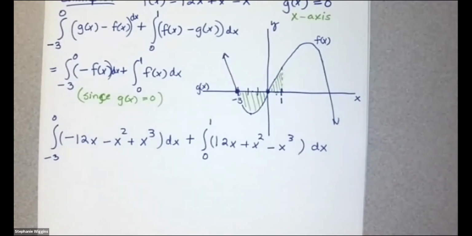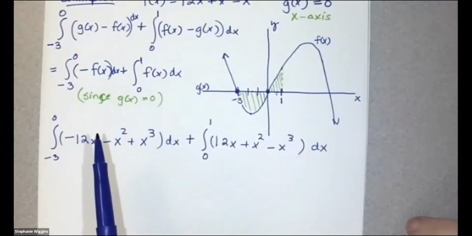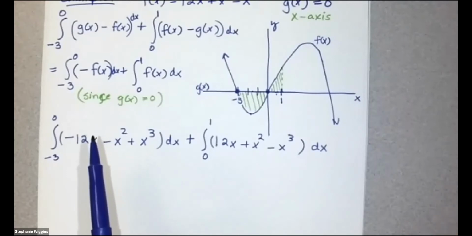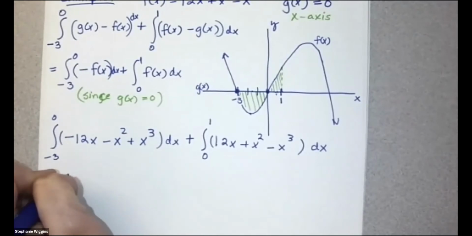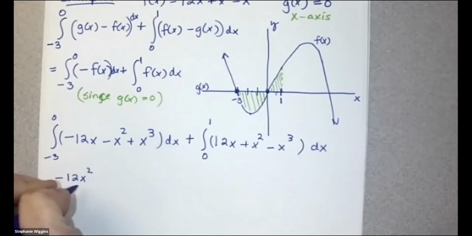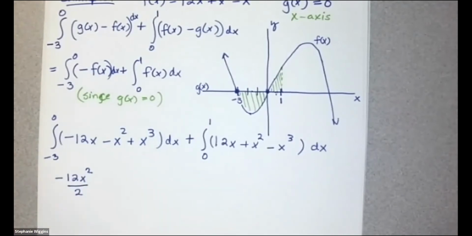Now, to remind you, the way we calculate the integral, we want to find the antiderivative for our function, and we add 1 to the exponent and divide out by the new exponent. So here I'm going to add 1 to 1, so I'm going to get negative 12x squared, and then I have to divide out by 2 because that's the new exponent.